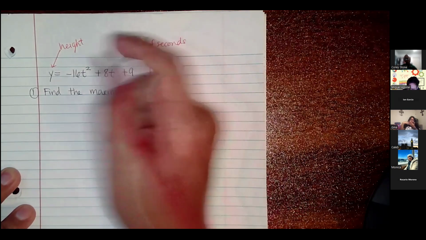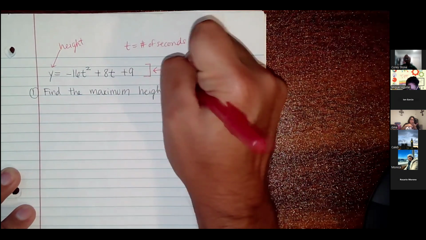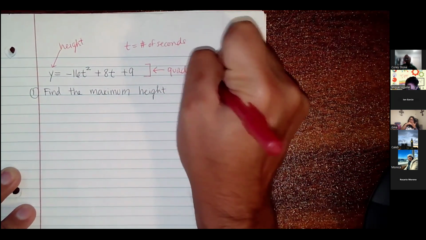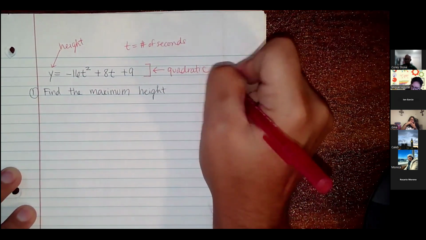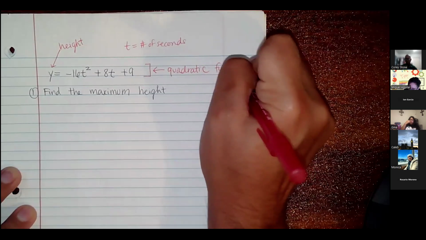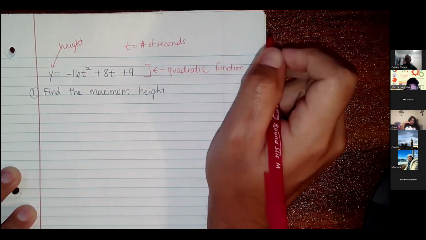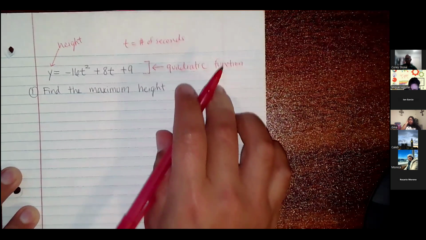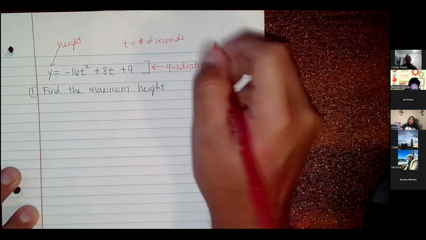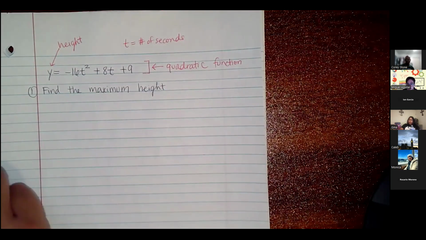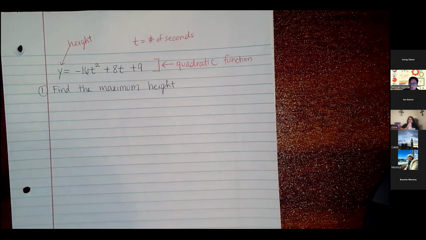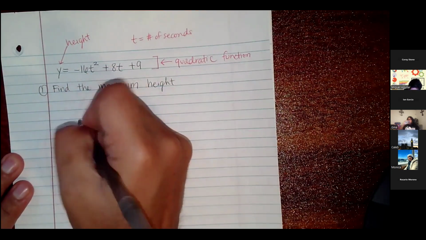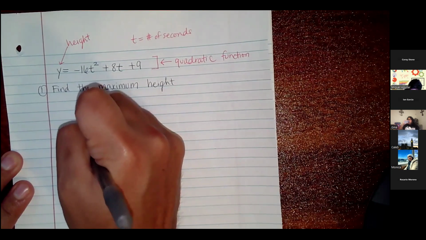Quadratic, right? We have a squared term, so this is a quadratic. And you have to remember that quadratic functions, what do they look like as far as their graphs are concerned? We say that quadratic functions form parabolas, like U-shaped curves.